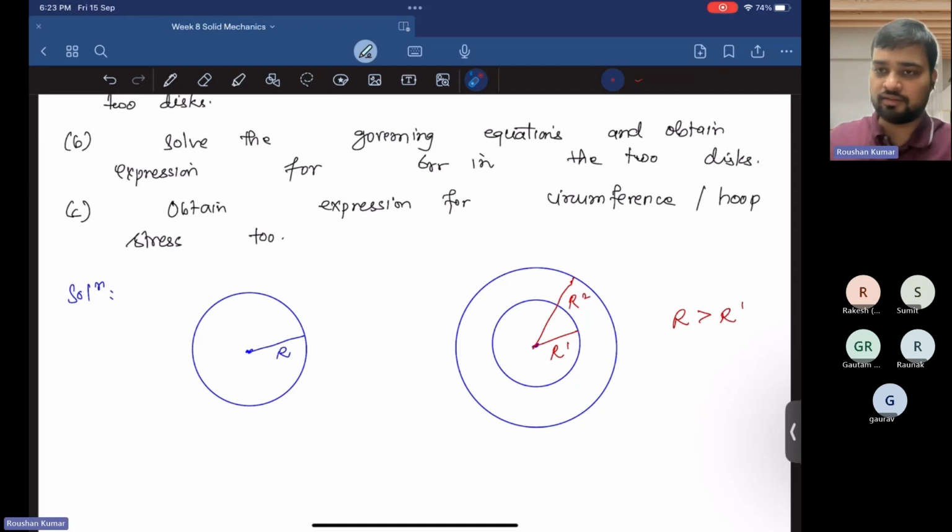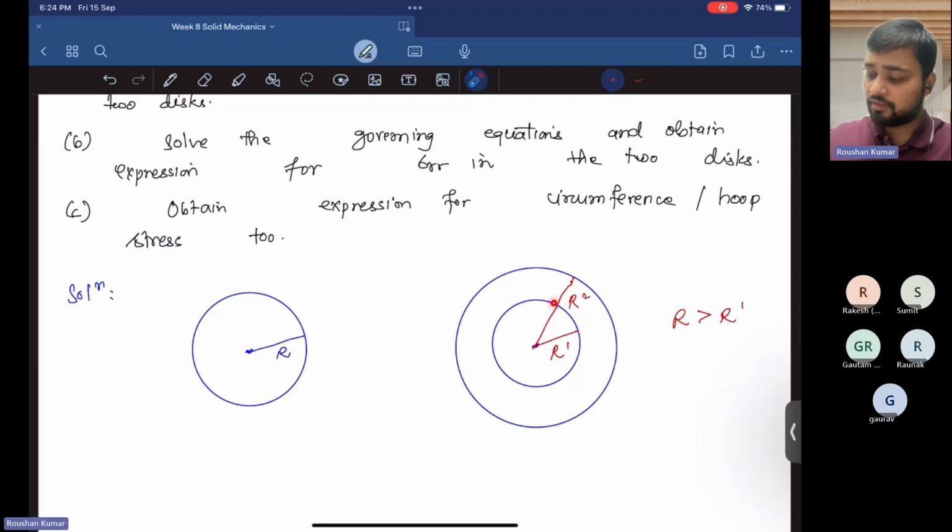In general, two disks are joined together by using heat treatment. If we heat this solid disk, it compresses when it is very hot.